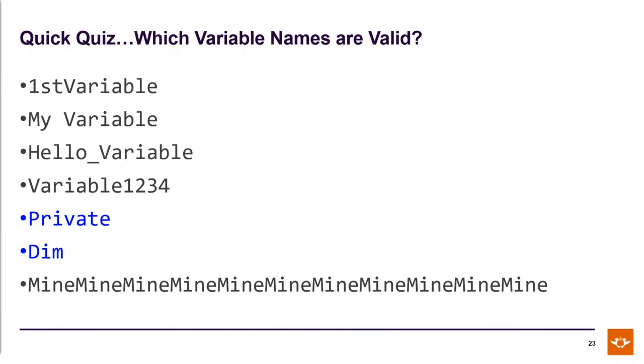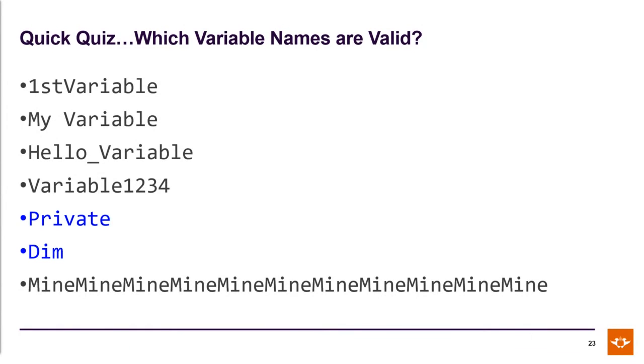Are there numbers? Does it start with a number? No. Is it a reserved word? No. So how can you tell a reserved word? Usually, if you don't change your IDE too much, the words that will be highlighted in blue are reserved words. Okay. The fourth variable, is it valid?